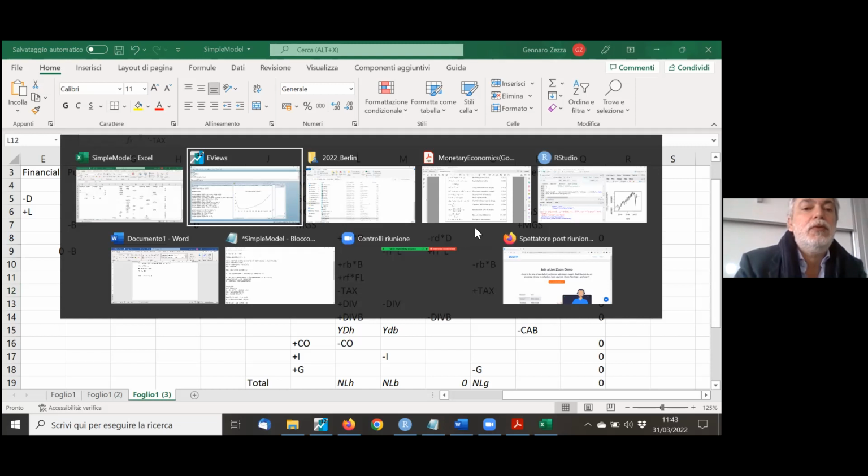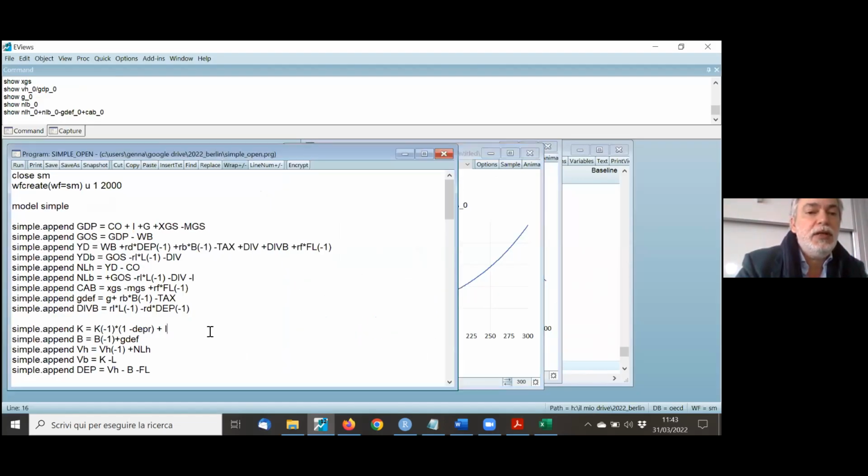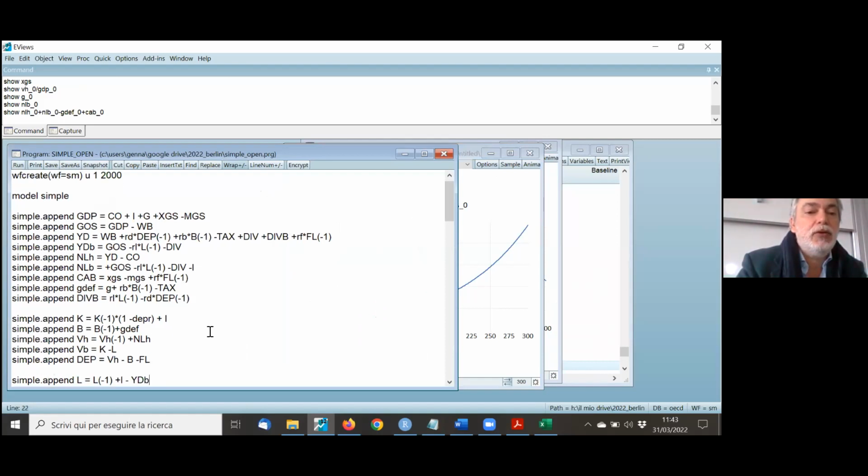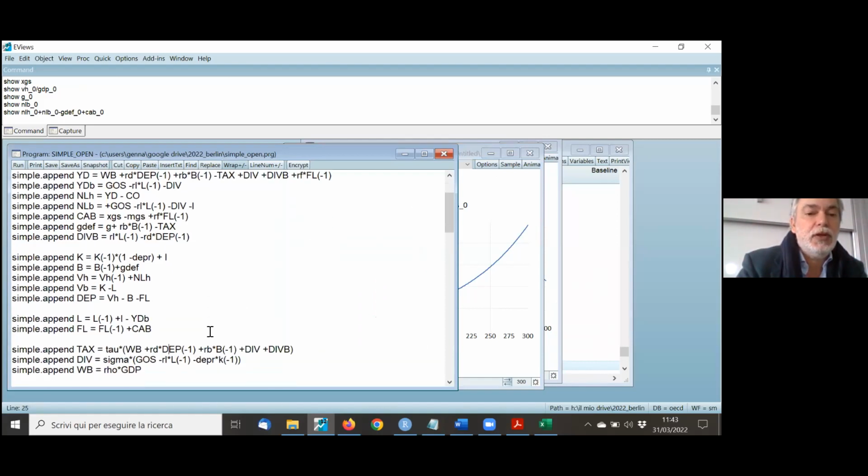Well, one inconsistency is in the tax, because the tax now should include the interest payment on foreign wealth. But since our F is 0, this is not where the problem lies. Now, sigma is 1, so this is not creating any trouble.